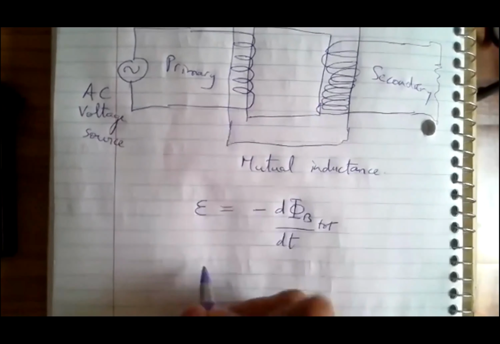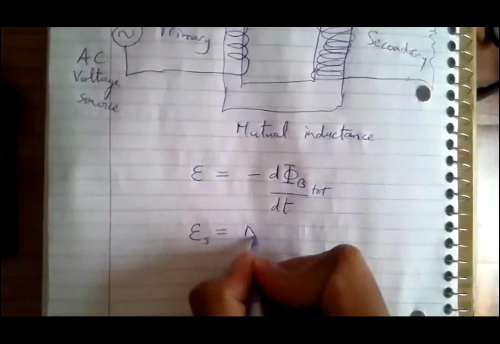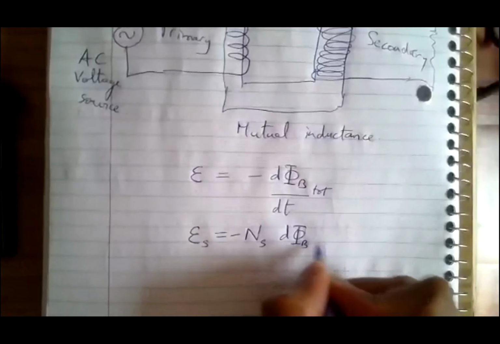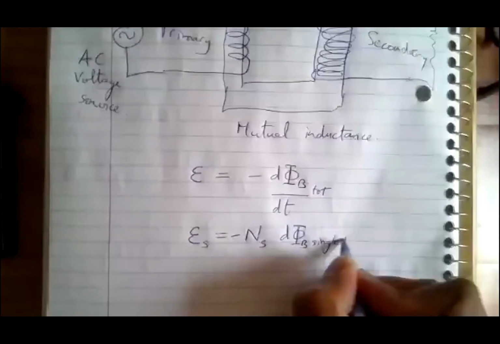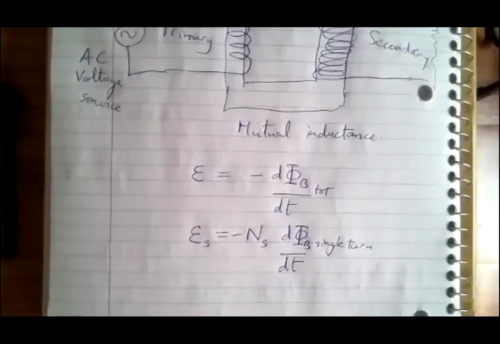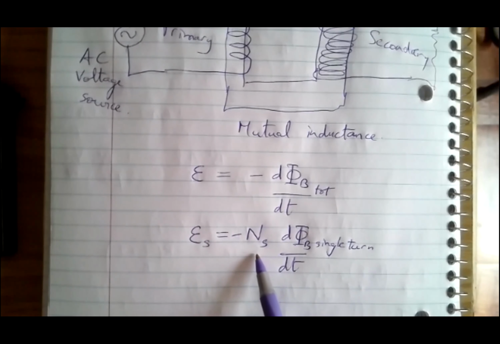Okay, so I could write this out as E secondary is equal to minus N_S d phi_B dt. So what I'm saying is that the total flux seen by the secondary coil is the flux seen by a single turn times the number of turns in the secondary coil.